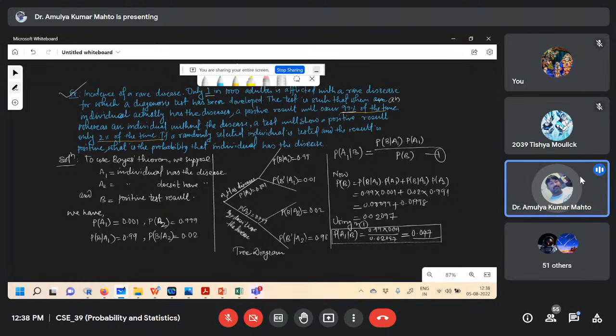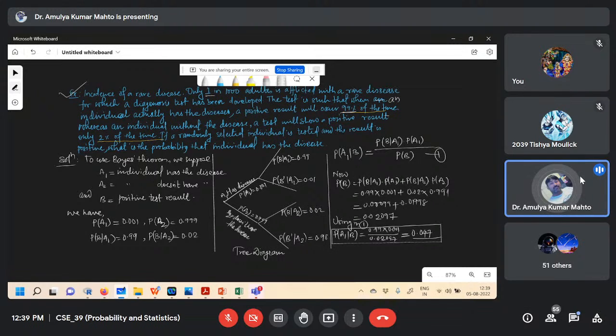Whereas an individual without the disease, a test will show a positive result only 2% of the time. Means out of 100%, those who are not having that disease, 2% are getting positive results. Means that 2% is the error actually.